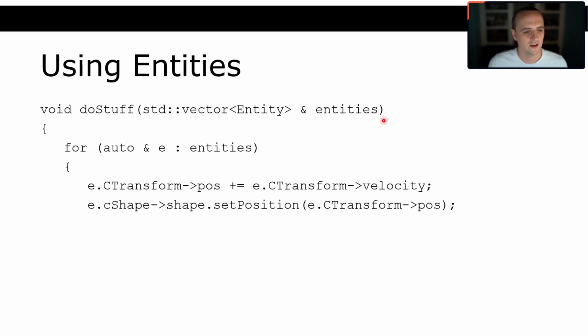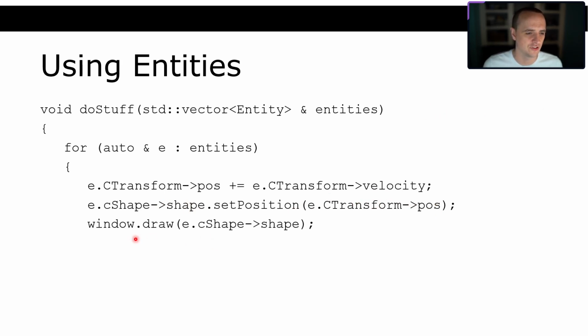Then what I have to do with SFML, at least, is now that the position of my entity has been updated, the internal shape that I want to draw, well, I'm going to have to update the position of the shape to match the position of the entity. So I can say e->cShape, right? Because that's how we stored the shape in our entity. And then we'll get the shape variable from the cShape component, and we'll set the position of that variable to be equal to the position of the transform component.